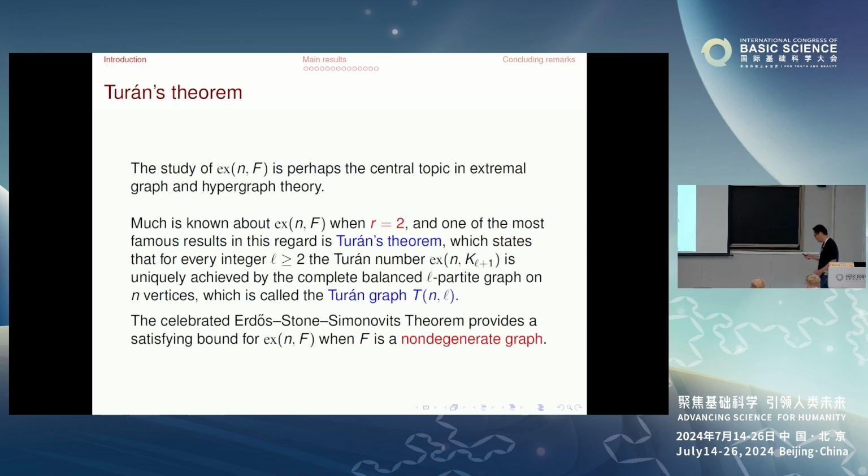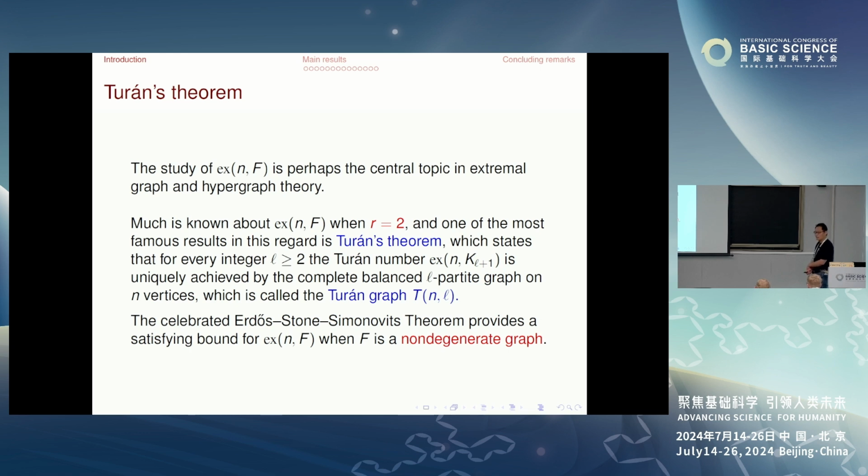Okay, I think the study of the Turán number of a given r-graph F is perhaps a central topic in extremal graph theory and extremal hypergraph theory. Much is known when r equals 2, which means that F is a general graph we just talked about.